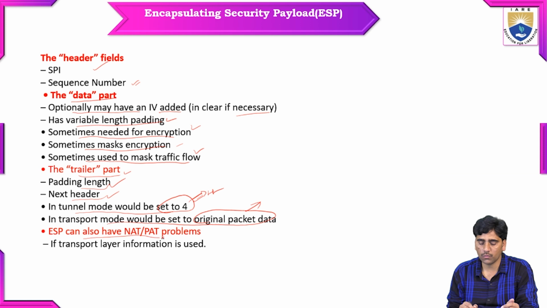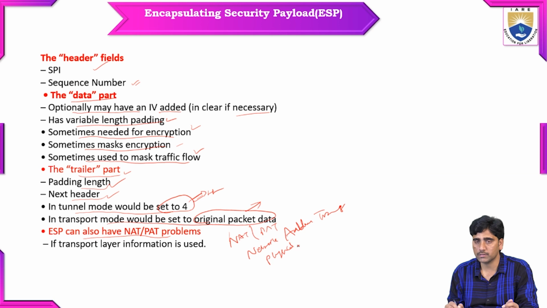ESP can also have network address translation. So here NAT stands for network address translation, and there is also physical address translation.